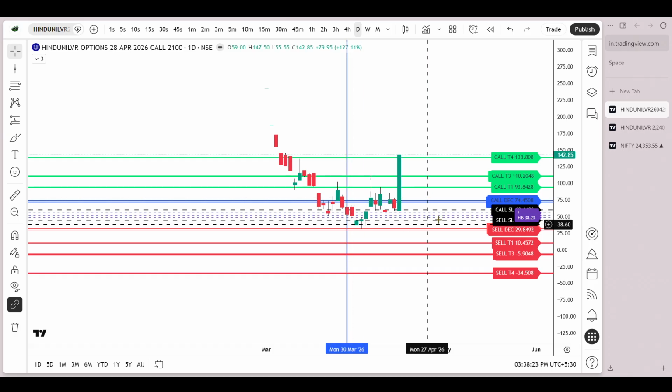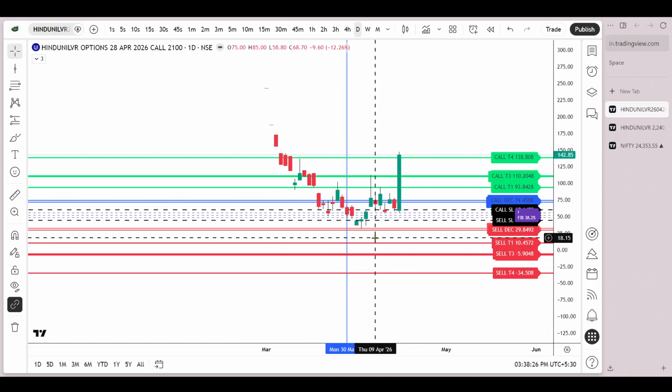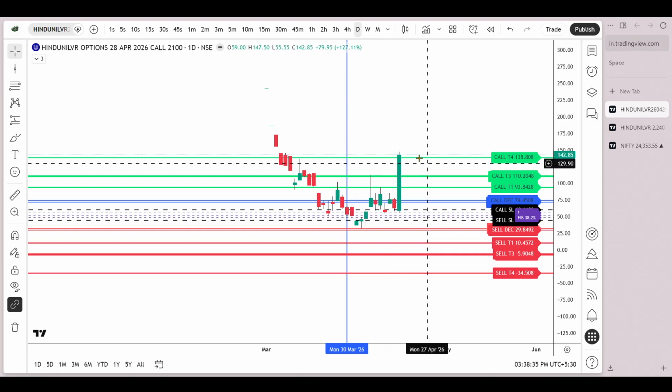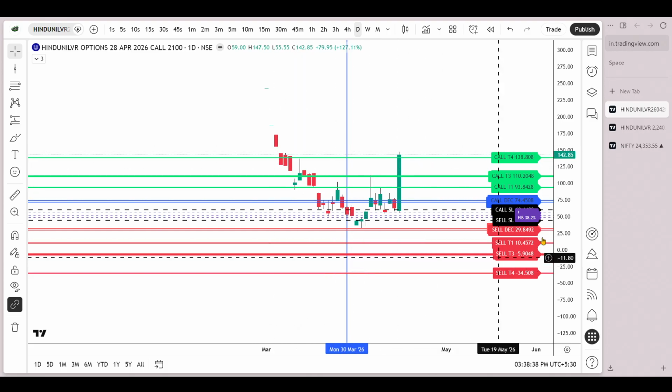These strategies, you can try with commodities, stock options, BankNifty, Nifty, mid cap, Sensex. Like that you can try, so that you can build up your confidence.